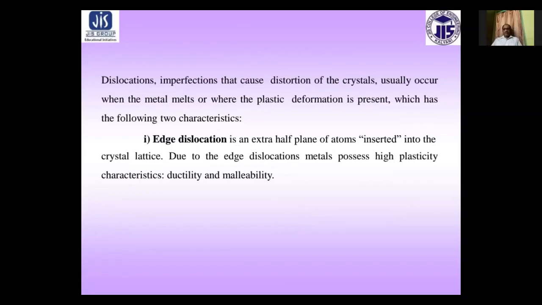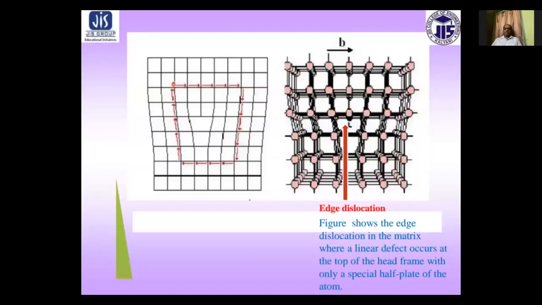The line defects or dislocations have two categories basically. One is edge dislocation and another is screw dislocation. This figure shows an edge dislocation in the matrix where the linear defect occurs at the top of the frame with only an extra half plane of atoms.